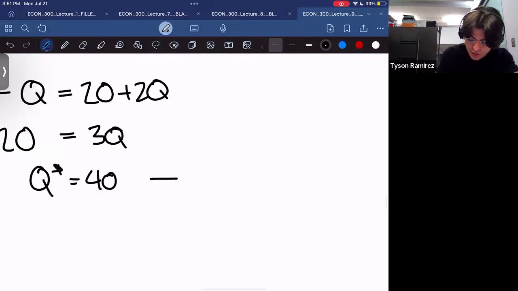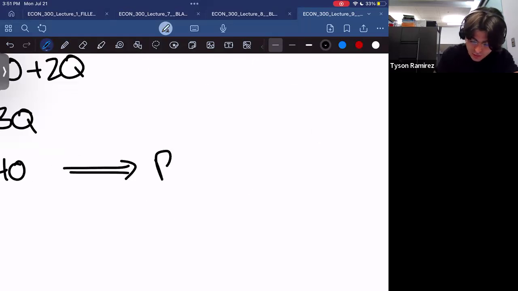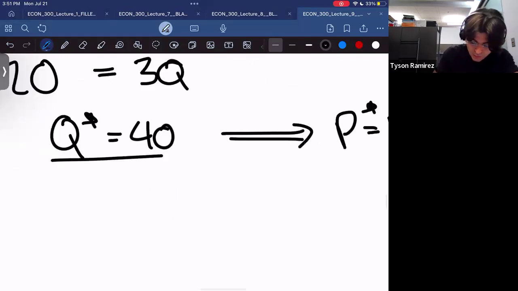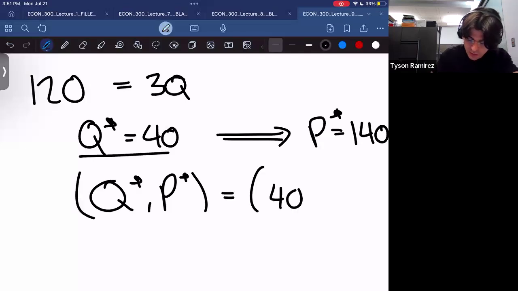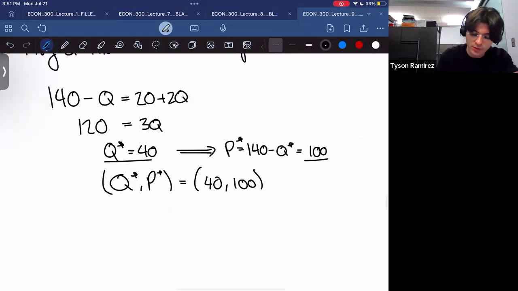And if Q star is equal to 40, then we can plug this into P equals 140 minus Q. P star equals 140 minus Q star, which equals 100. All right. So here Q star, comma P star is equal to 40, comma 100.